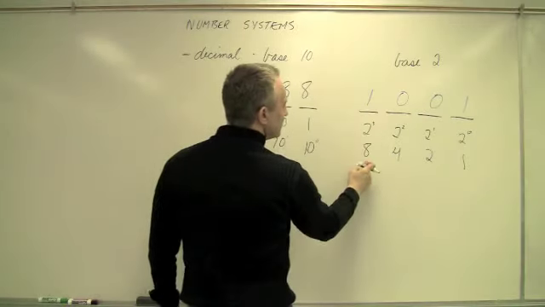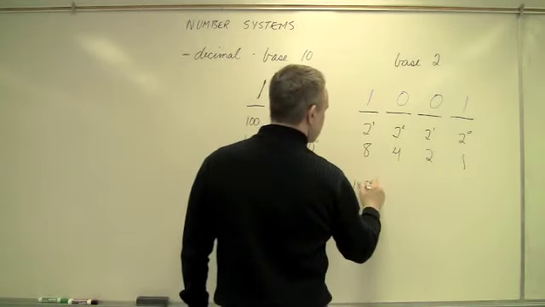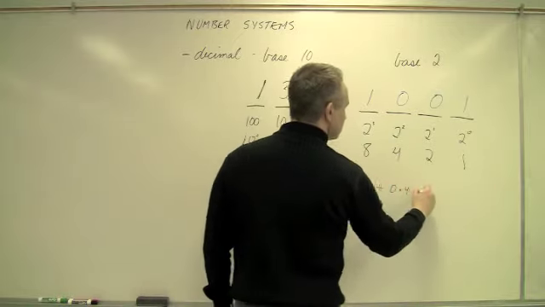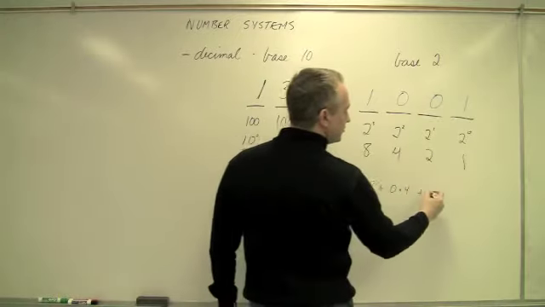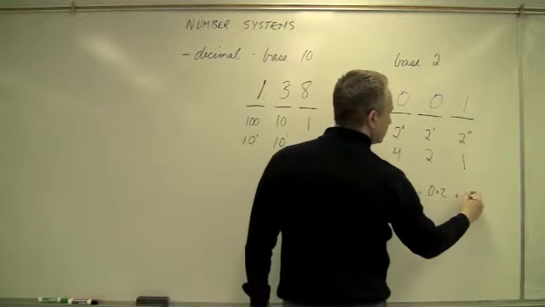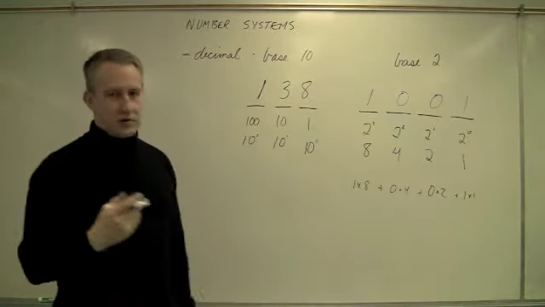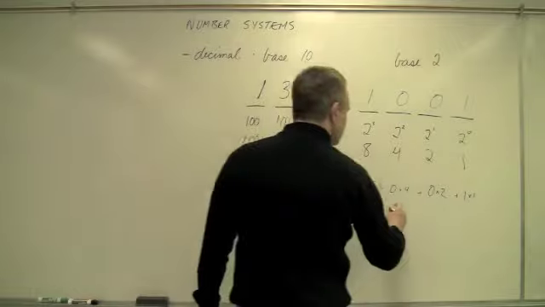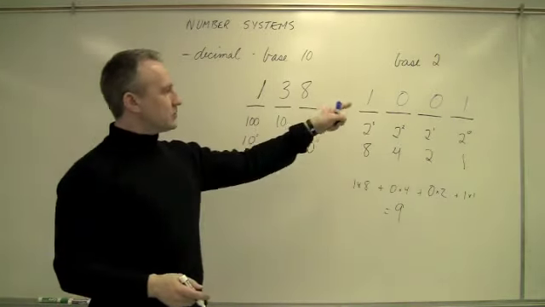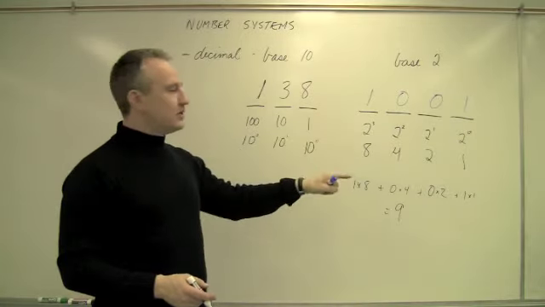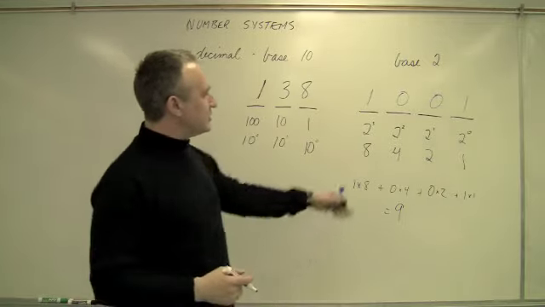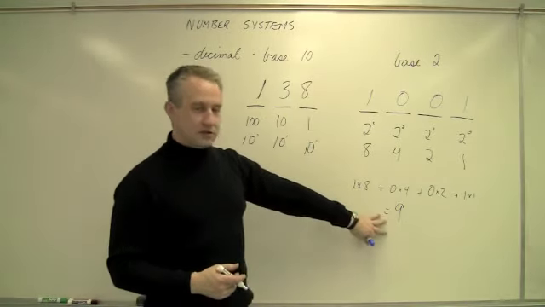So 1 times 8 plus 0 times 4 plus 0 times 2 plus 1 times 1. If I add all that up, what I get is 9. So 1001 in binary equals 9 in decimal. And that's how we do the conversion between binary numbers to decimal numbers.